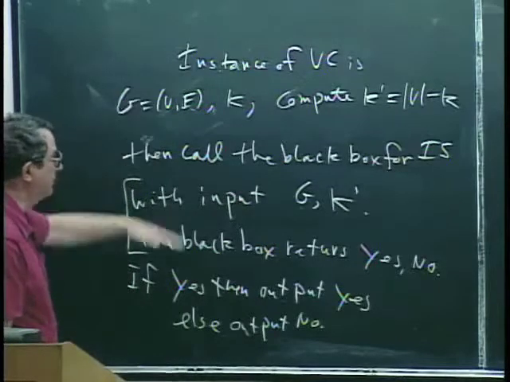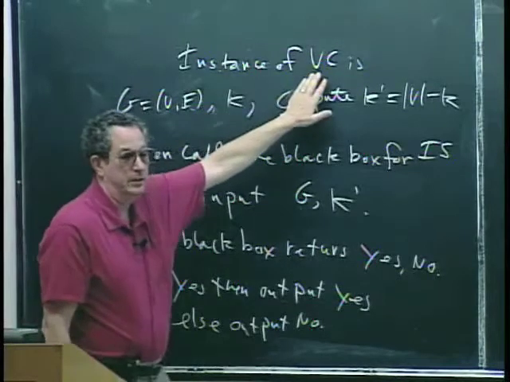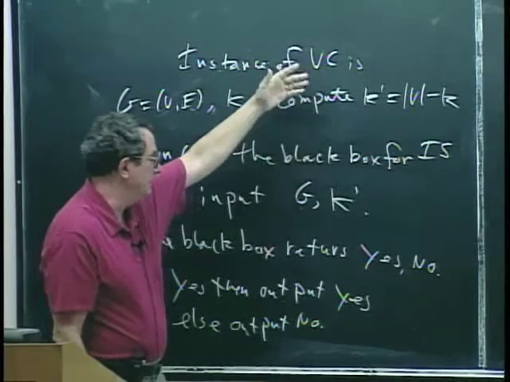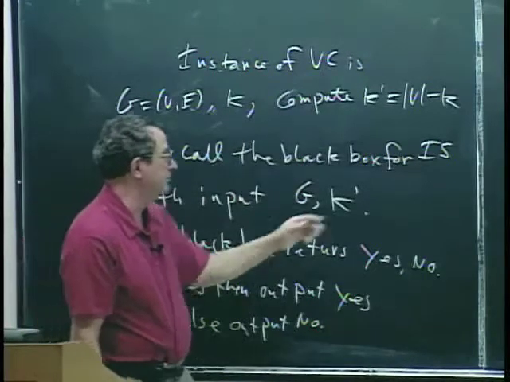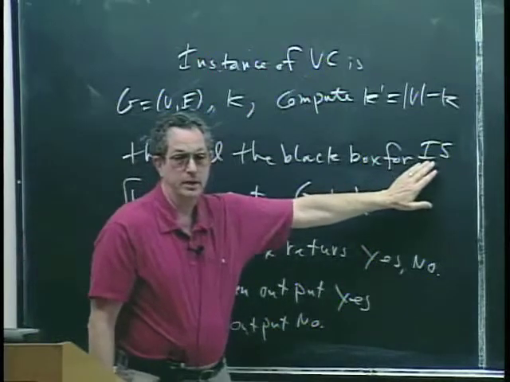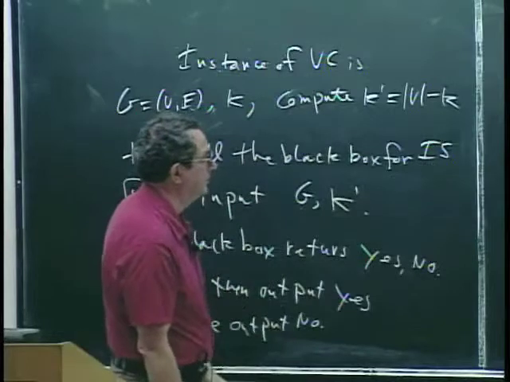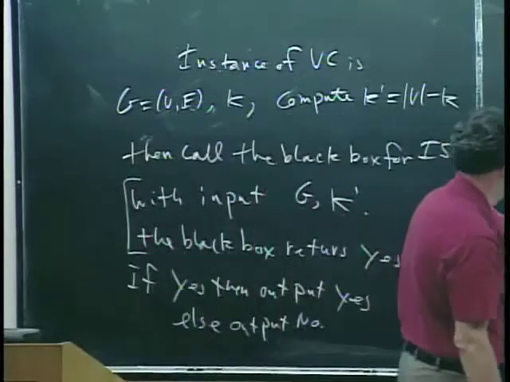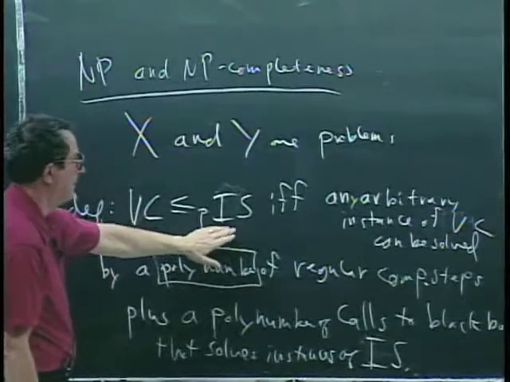And taken together, this is an algorithm for solving vertex cover if by some lucky happenstance you happen to have a black box that can solve instances of independent set. So this whole thing is an example of a polynomial time reduction. Vertex cover reduces in polynomial time to independent set.